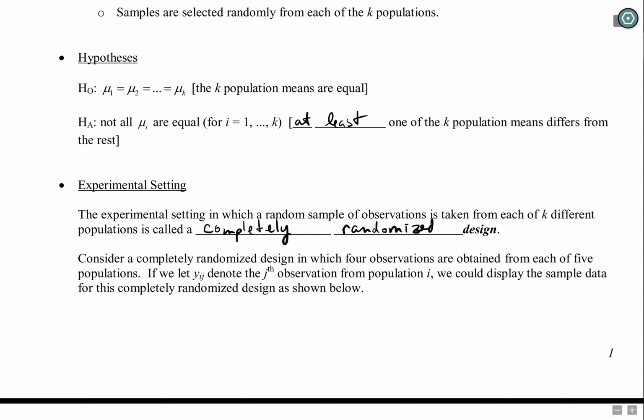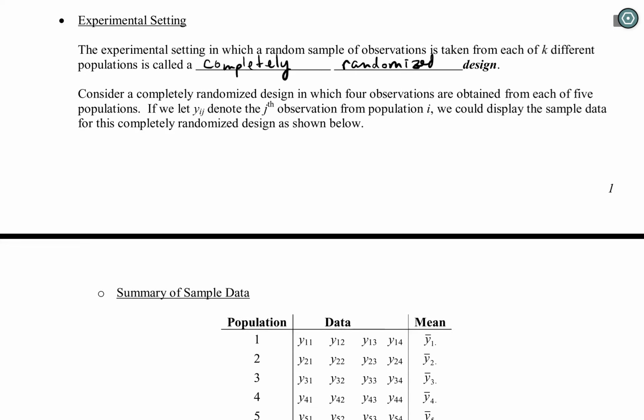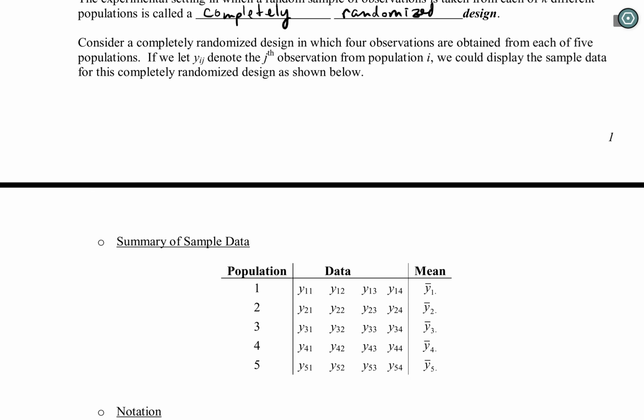And we have in this table below, on the next page, a completely randomized design where there's 4 observations taken from 5 populations. And we're going to let Yij, so here Y now has 2 subscripts. But the first subscript tells us what population our observation came from.